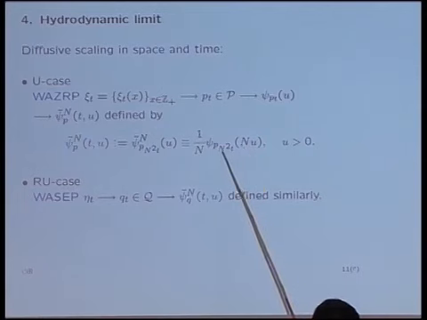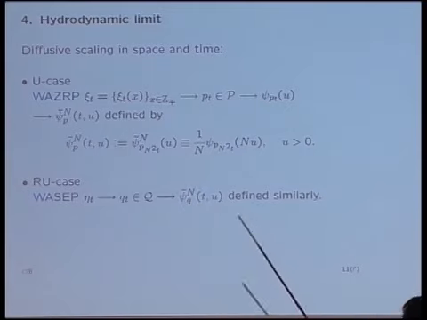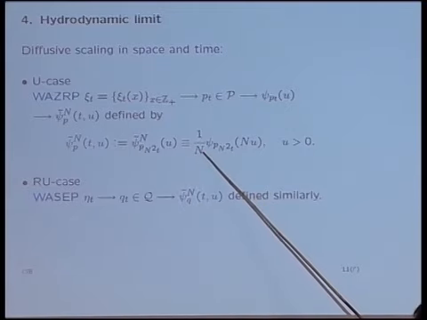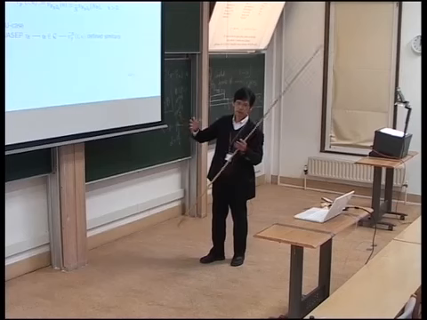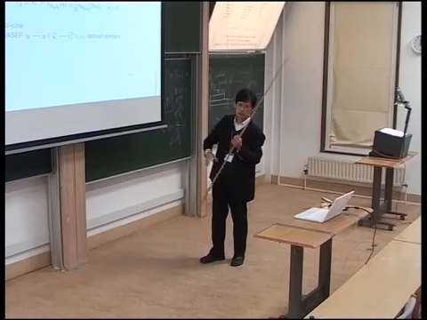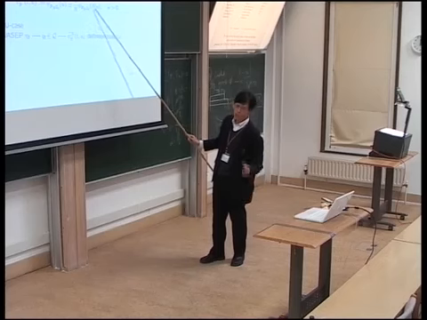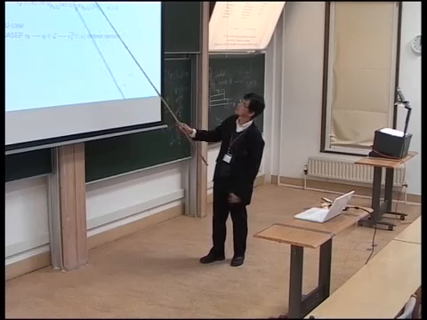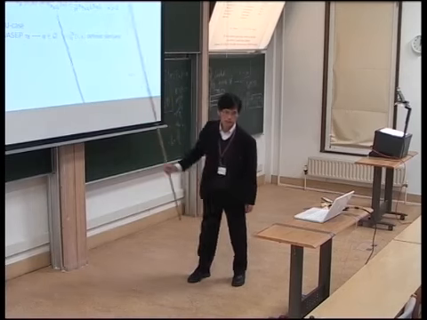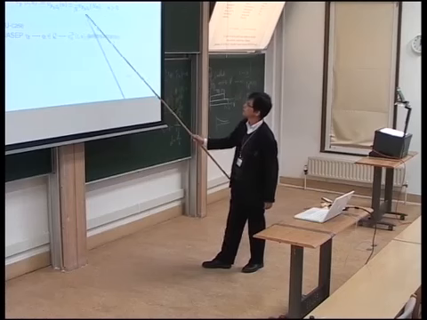But at the same time, I introduce the diffusive scaling in time. So as Vershik did, we shrink down in the vertical direction and also the horizontal direction by n. At the same time, we speed up the time diffusively, so n squared comes into the time.